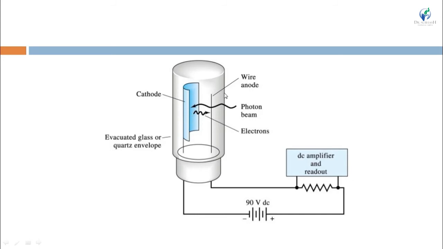This is the evacuated glass or quartz envelope. In the visible region, means visible spectrometry, glass is used, and in UV spectrophotometry, quartz is used. And with this envelope, the amplifier and readout device are attached.